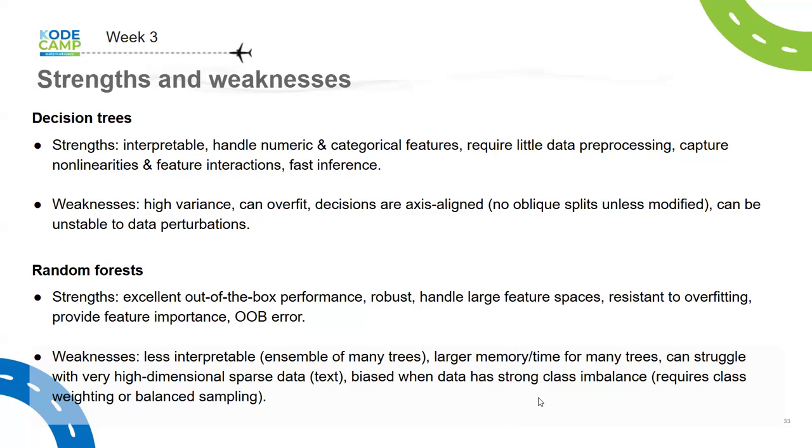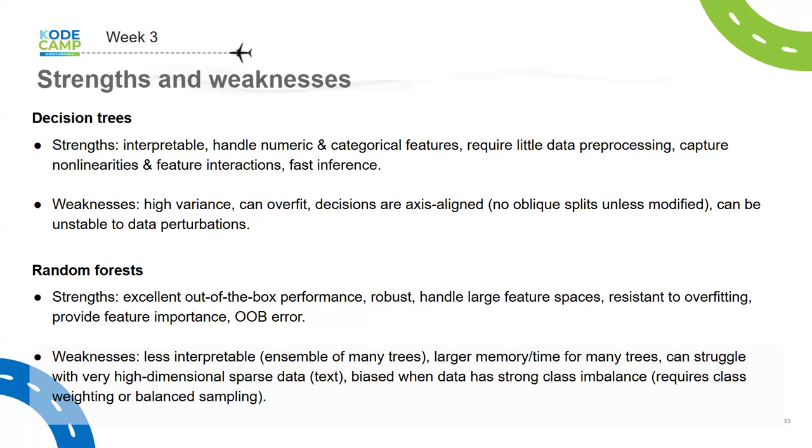And then it is also biased when data has strong class imbalance. What we mean by strong class imbalance is that there is some data where a particular class has a much larger proportion of data than others. A good example is if you're using it for medical prediction, and you want to predict those that have, for example, cancer. You have a data set and you find that in most of it, they will not have cancer, it will be benign.